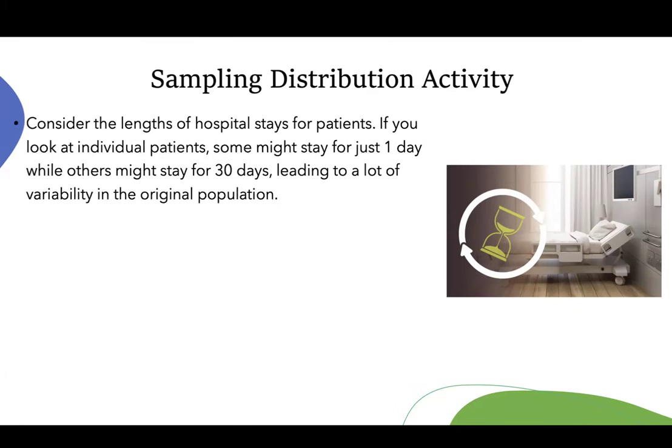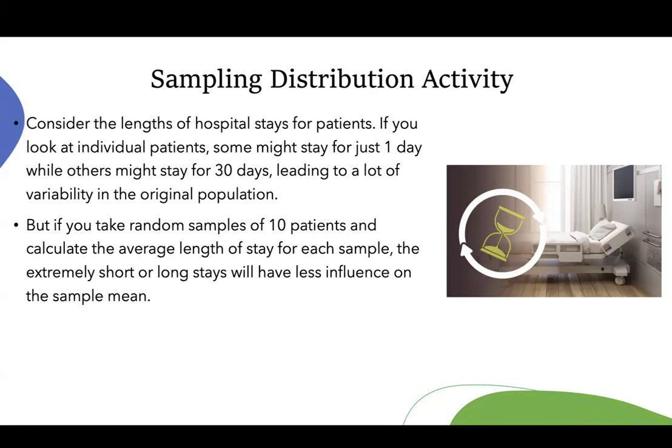Considering the lengths of hospital stays for patients, if you look at individual patients, some may stay for 1 day, others may stay for 30 days. There's a lot of variability in the original population. But if you take random samples of 10 patients and calculate the average length of stay for each sample, the extremely short or long stays will have less influence on the sample mean.